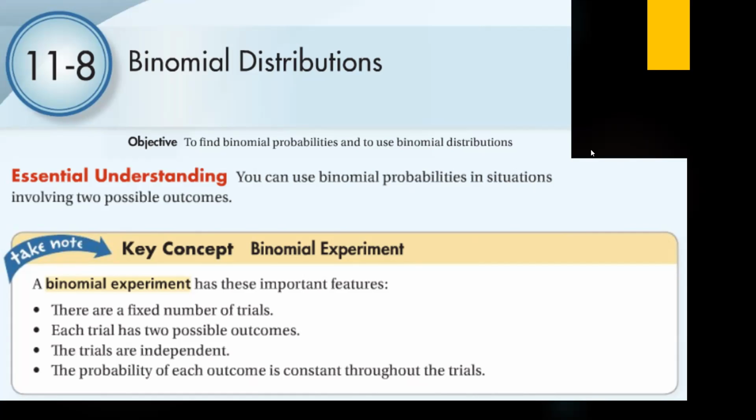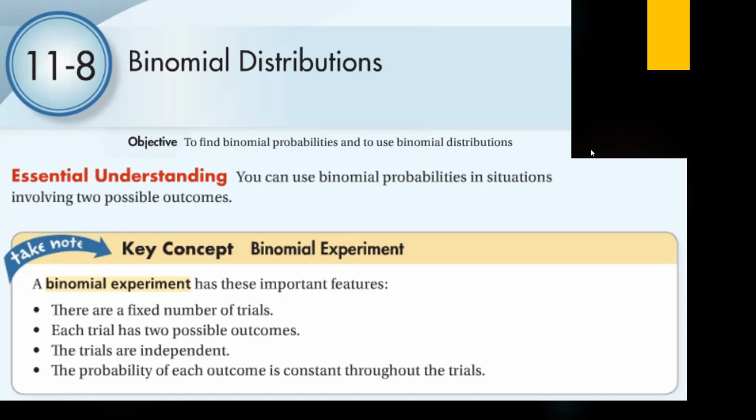One of them is that the trials must be independent. So I am not talking about dependent events. I'm talking about independent. The second one, each trial has two possible outcomes. As I told you, win or loss, success or fail.